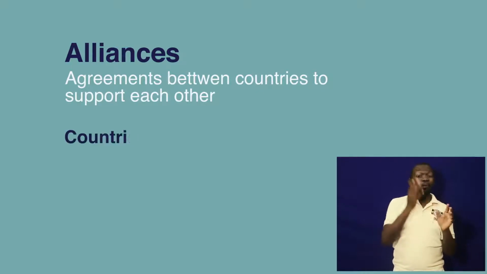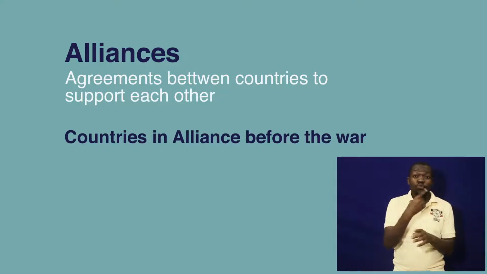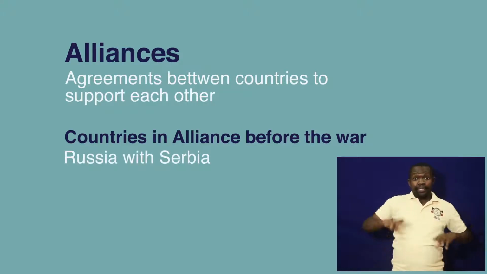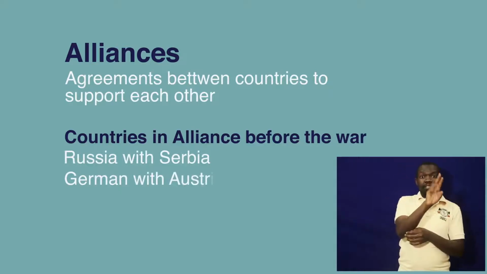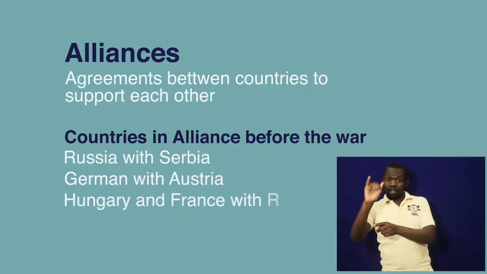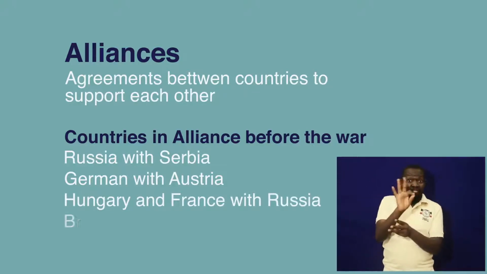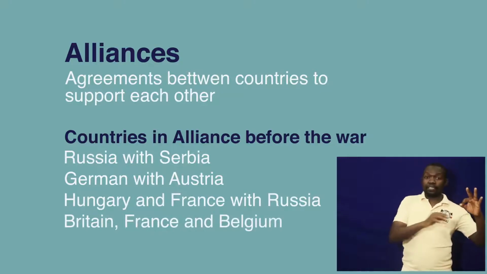The countries which were already in alliance before the war began included the following. Russia was in alliance with Serbia, Germany with Austria-Hungary, France was with Russia, Britain, France, Belgium.